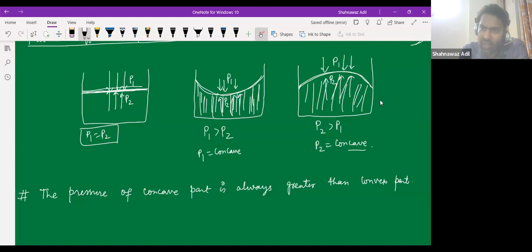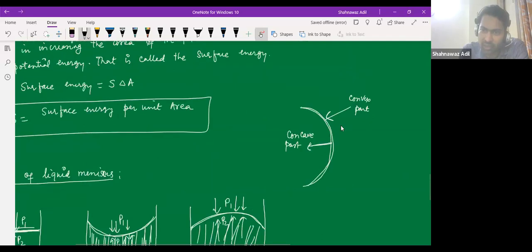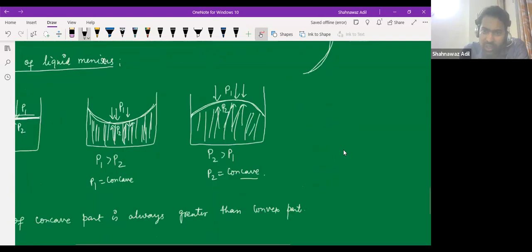In both cases, because this is a curved one, it has two parts: the bumped one, called the convex part, and the curved one, called the concave part.